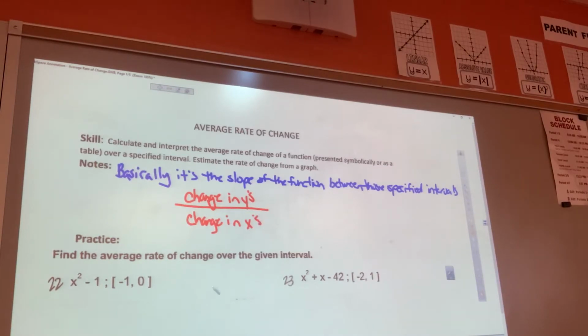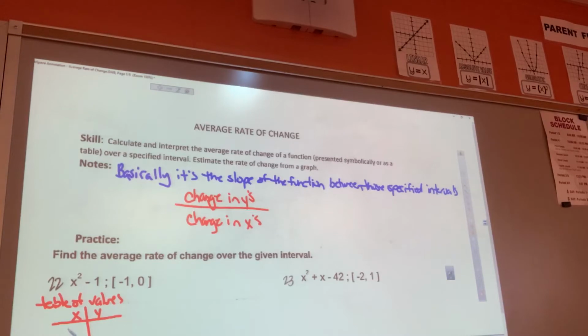Yes, indeed. So we're going to look at this graph where we have x squared minus 1. You can either put this in your calculator and graph it and then look at it, or you can look at your table of values. And I probably will do a table of values. I'm just going to plug in.